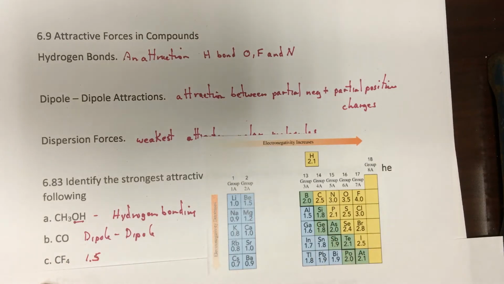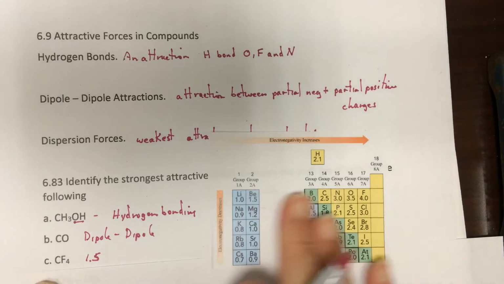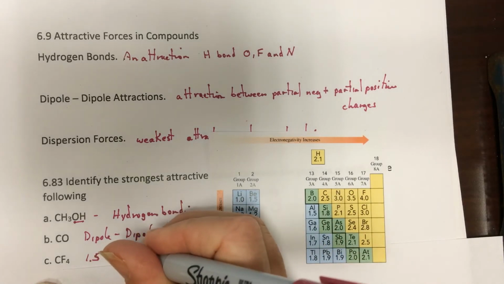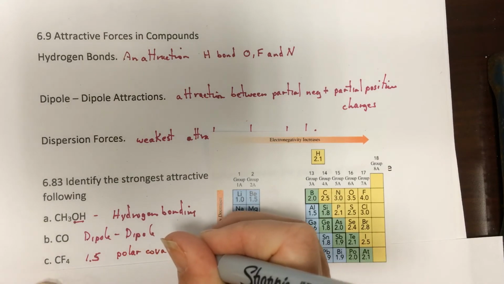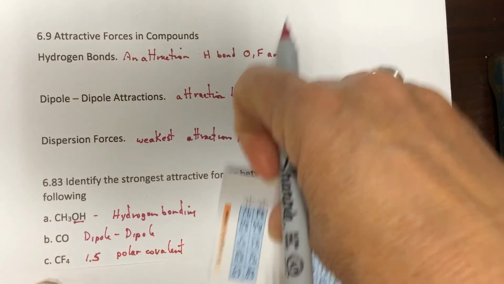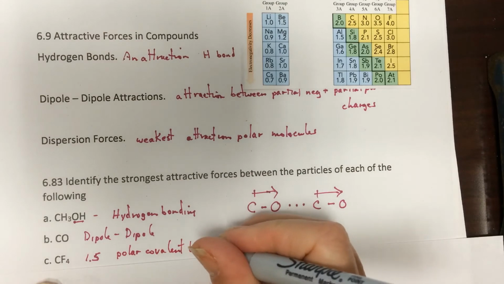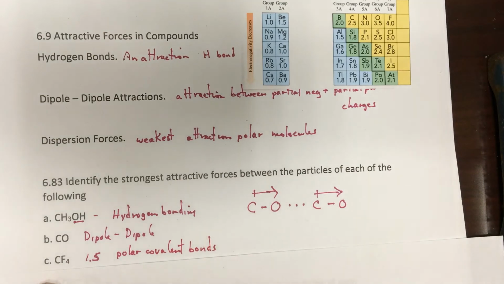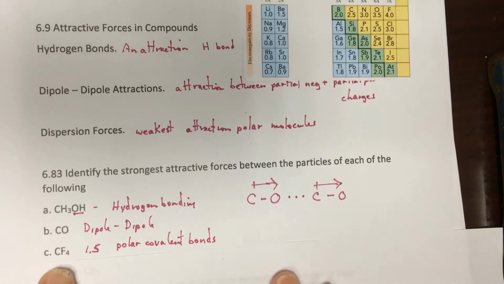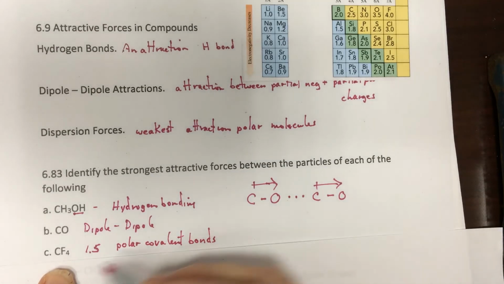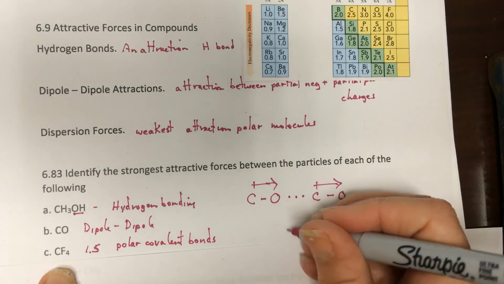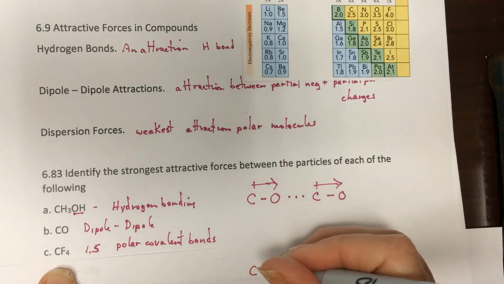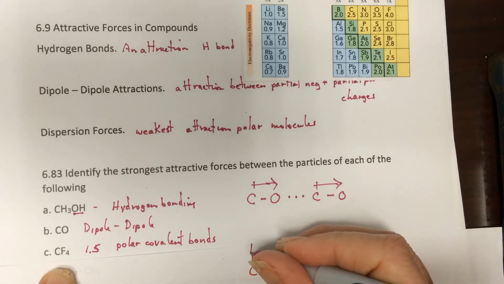That means that we have polar covalent bonds. But let's do our Lewis structure and see what the structure of this compound looks like. Let's see, we've got a carbon in the middle, and we're going to put the fluorines on the outside.